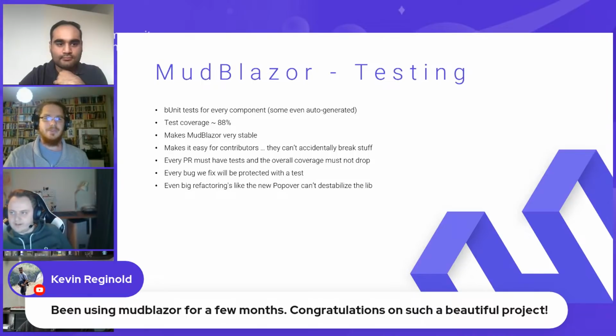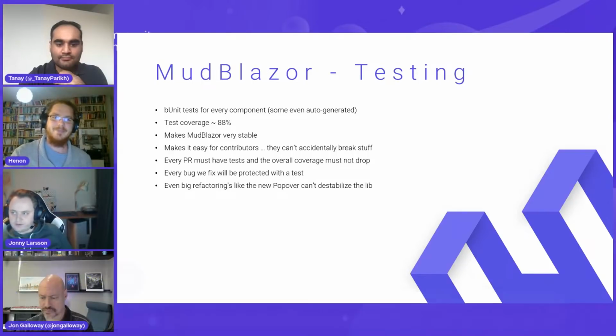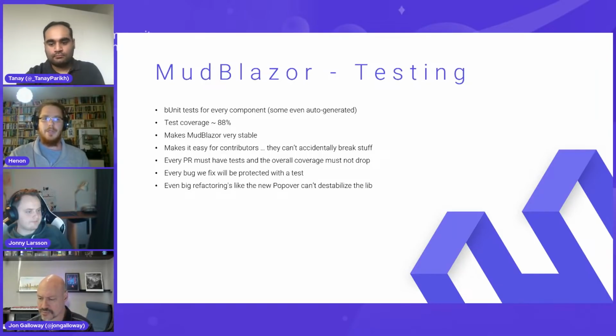Do you want to talk about that now, or should I take one of mine? Testing. I mean, that's a major factor of our success: the library is very, very stable, and we managed to have only a few breaking bugs, but mostly users can expect that things are just working when they get a new version.